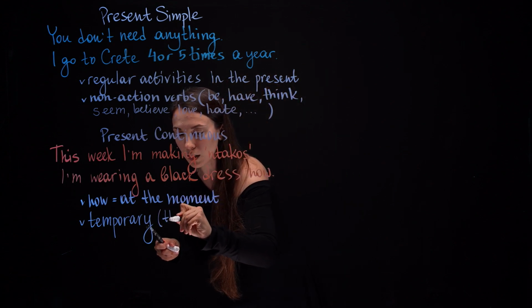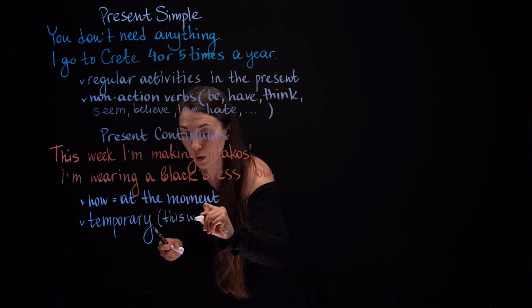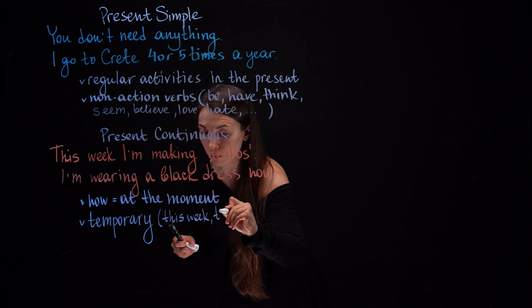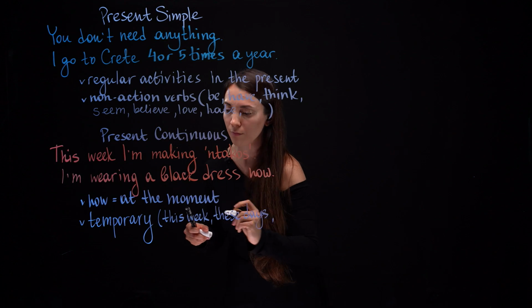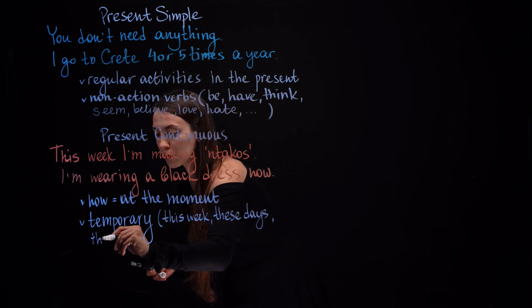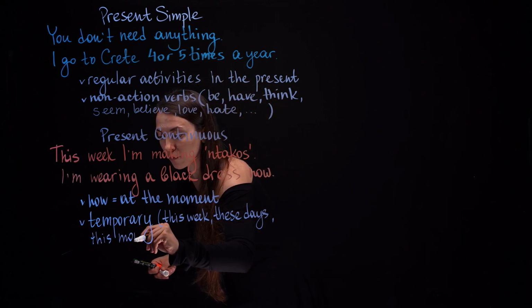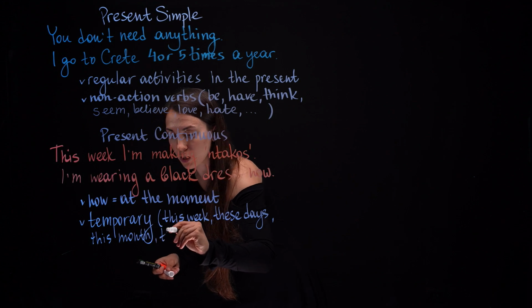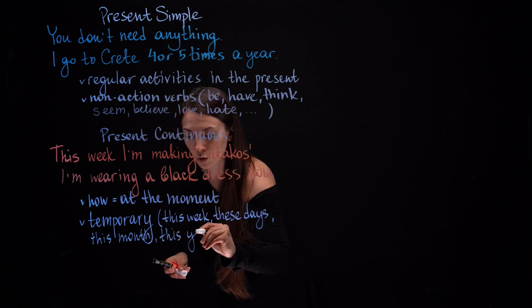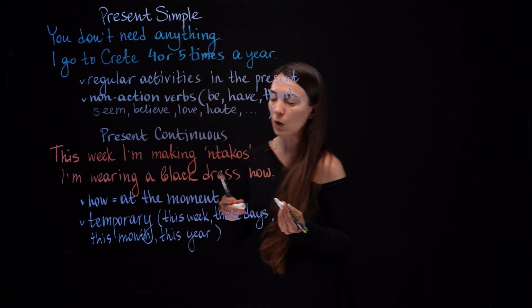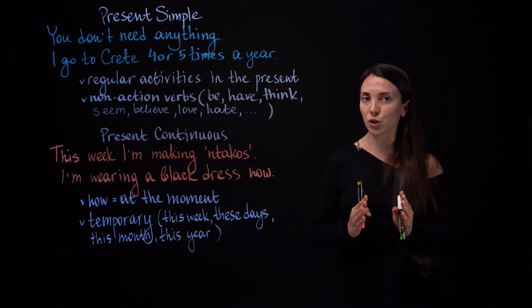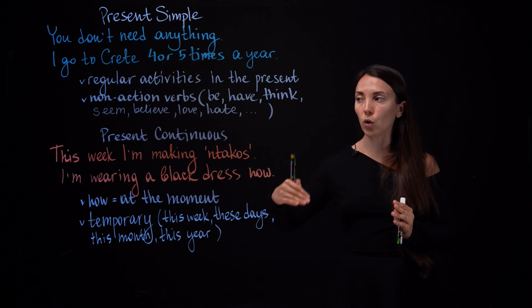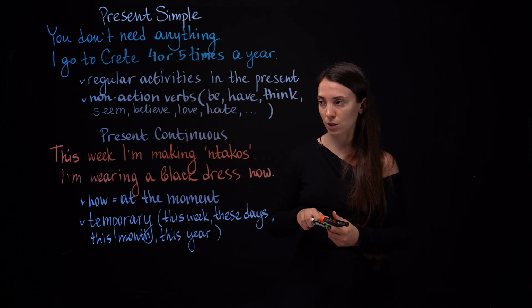And it means this week, maybe these days, maybe this month, and even this year would be a temporary action. Action which is not forever, but just for a short period of time. And we will also use present continuous for that.